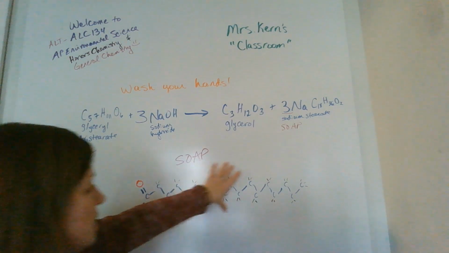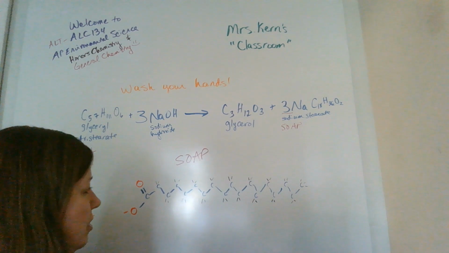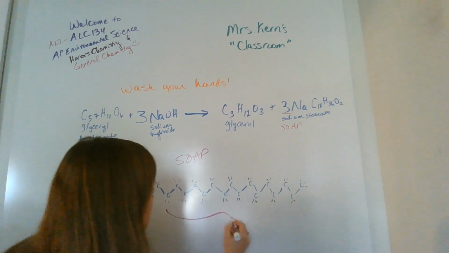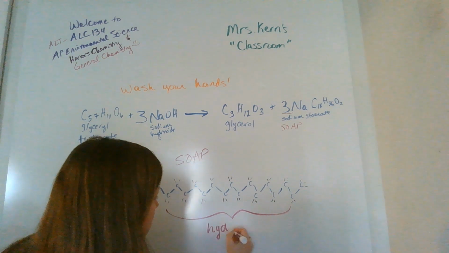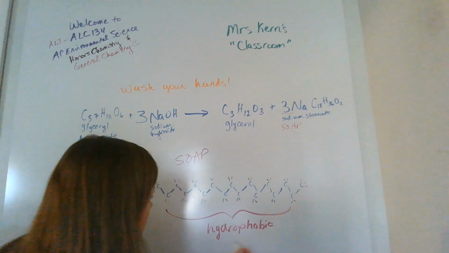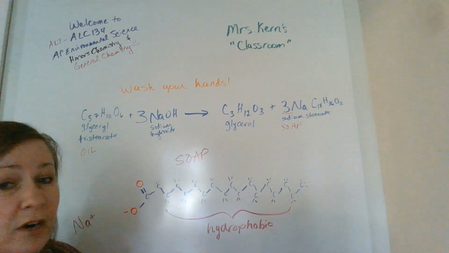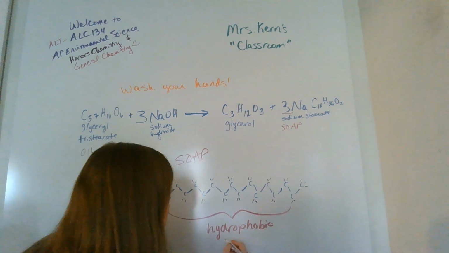So we have this long end of the molecule that is just hydrogen and carbon atoms. And this is what we call hydrophobic, or afraid of water, right? So this is really an oil-soluble or fat-soluble portion of the molecule.